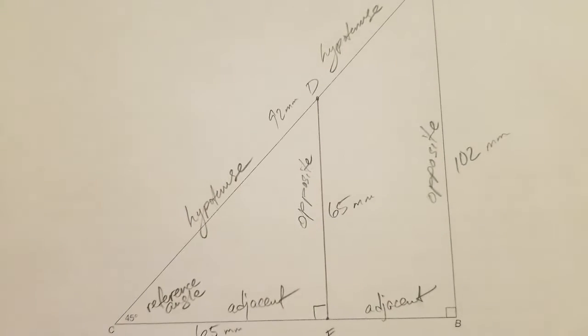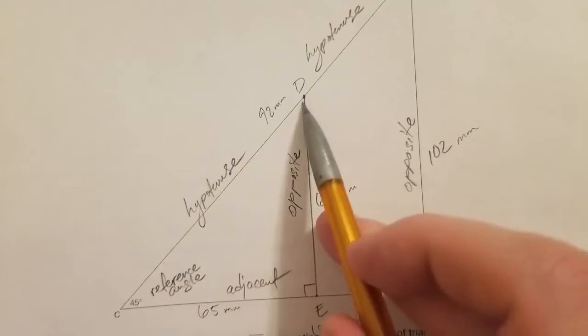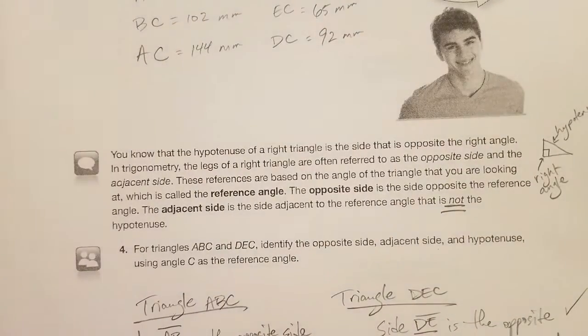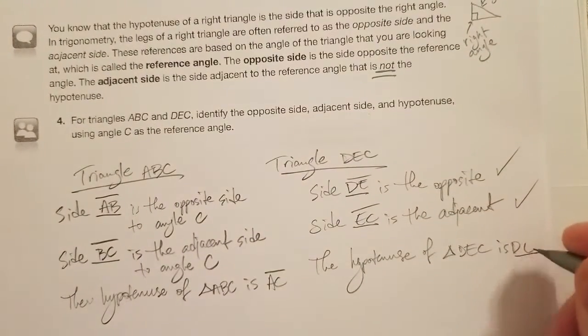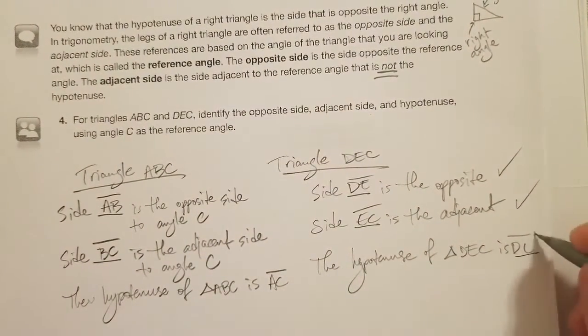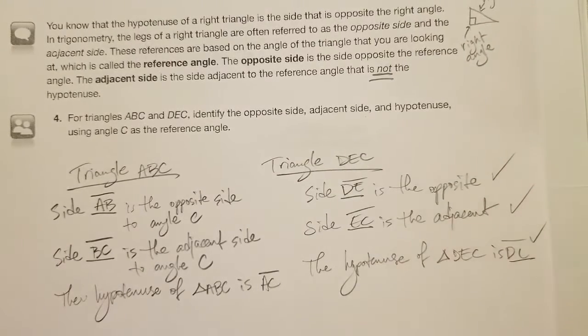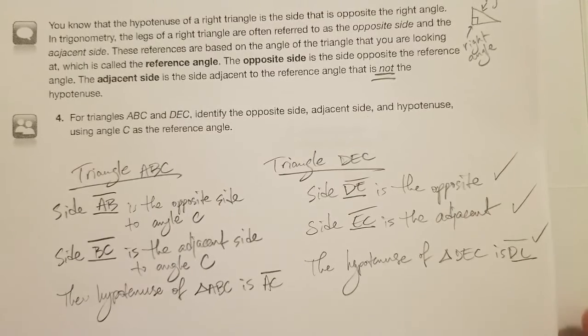Okay, let's check. The hypotenuse is always opposite the right angle, so the hypotenuse will be DC. If you put DC, give yourself a little check. All right, now that's page 659, and now you can identify the opposite, adjacent, and hypotenuse of a right triangle.